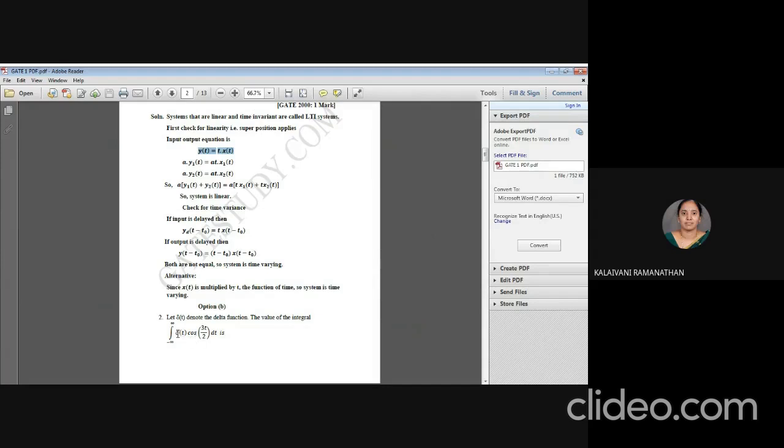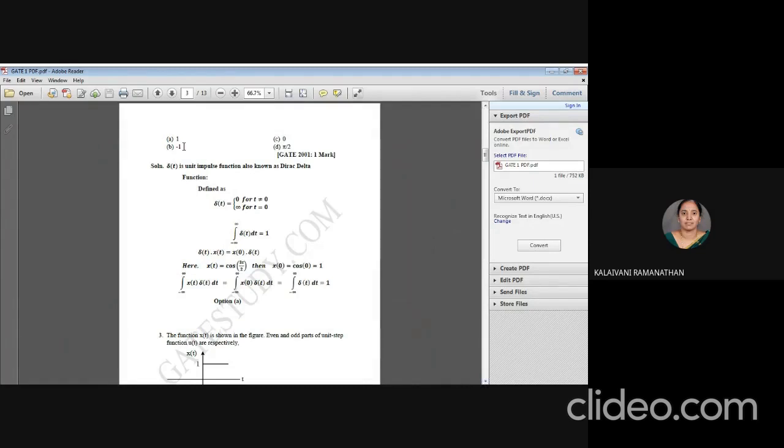In this case, when you compare that shifting property with this equation, here you can check that t can be noted as t minus 0. So t minus 0 means the integral is equivalent to x of t at t equal to 0. In that case, you have cos 3t by 2 at t equal to 0. So this will become 1. So 1 is the answer for this question.